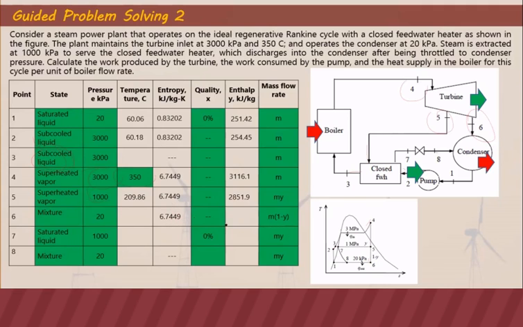Then we use the pressure at point 6, which is the pressure at the condenser, 20 kilopascal. So with 20 and 6.7449, we can get the temperature as well as the enthalpy.